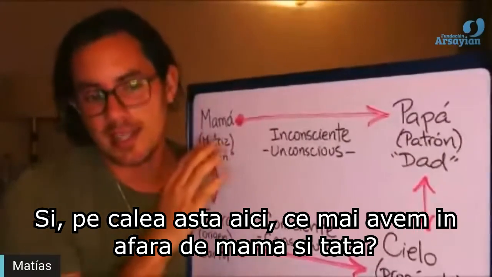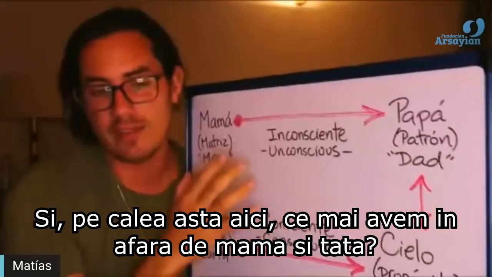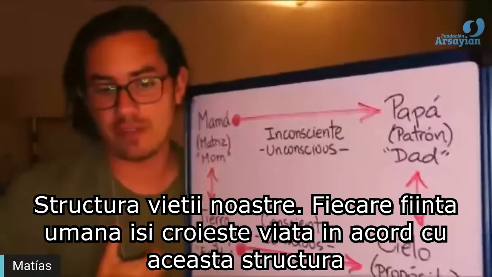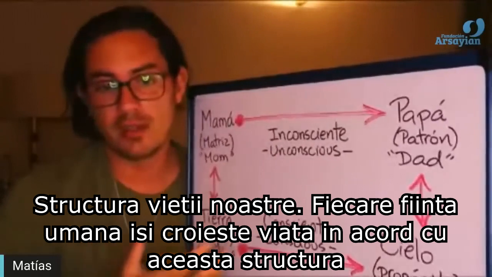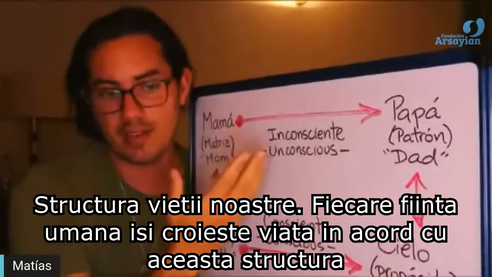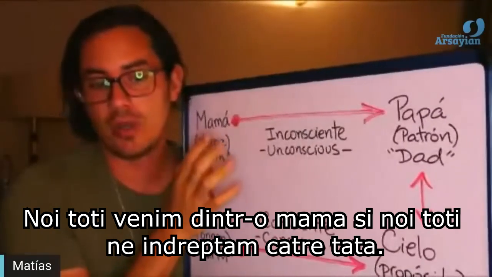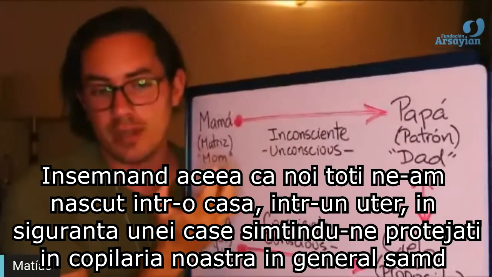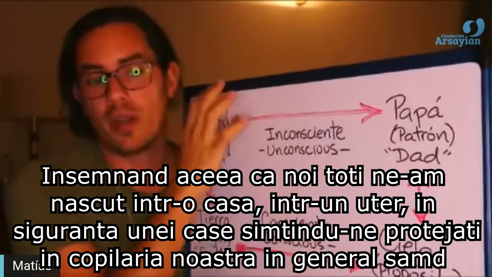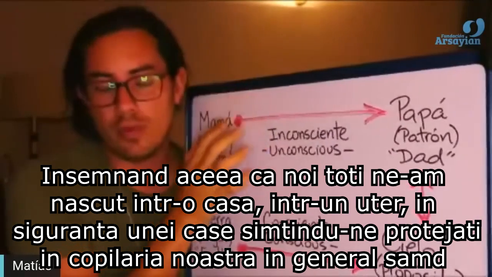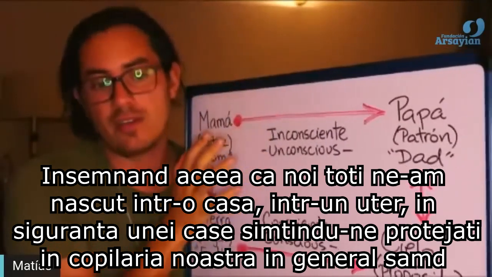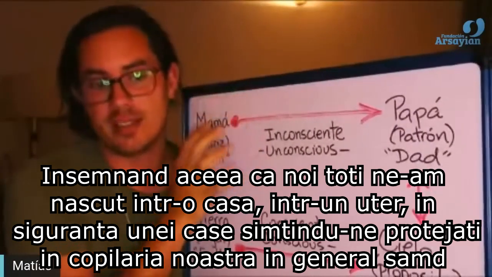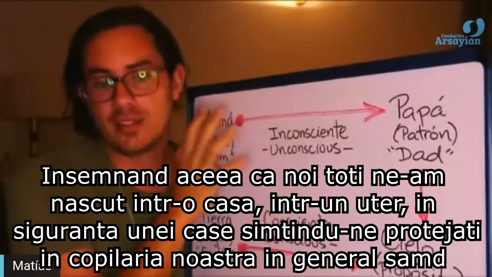So in this path, what we have besides the mother and the father is the structure of our life. Every human designs their life according to this structure. We all come from a mother and we are all reaching the father, meaning that we have all been born in a house, in a womb, in the safety of the home, feeling protected in our childhood, and so on.